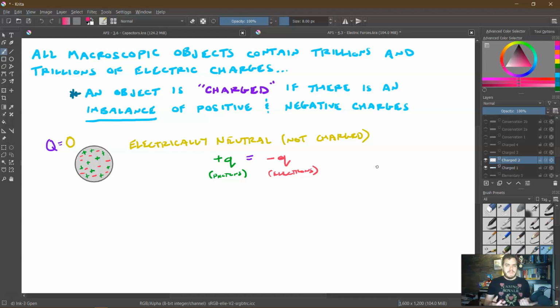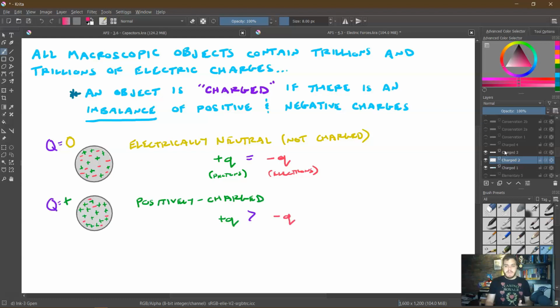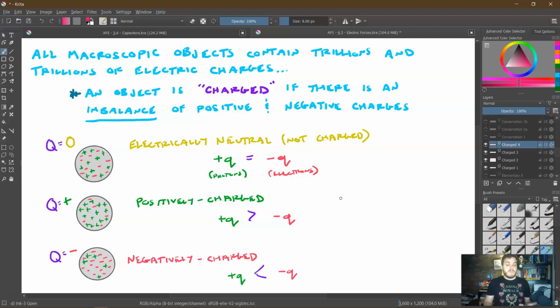Now realistically, this is actually not going to happen that often because there's always going to be a slight imbalance, but typically speaking, unless we have a humongous imbalance, we're going to pretty much treat most objects as if they are electrically neutral. Now, if we have more protons, in other words, if we have lost electrons, well then we would say this is a positively charged object. So its charge would be positive. And if we have more electrons than protons, well then it would be negatively charged.